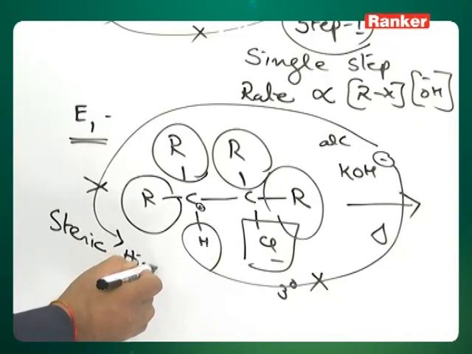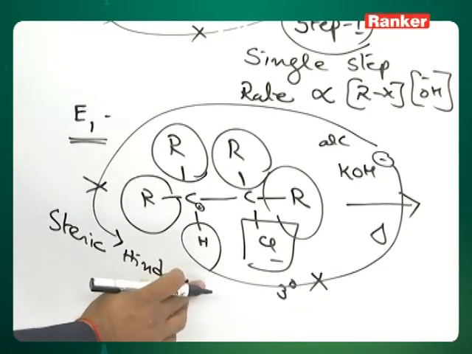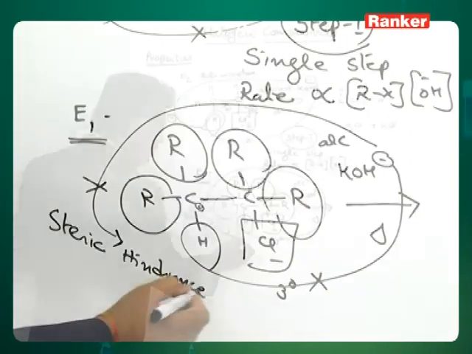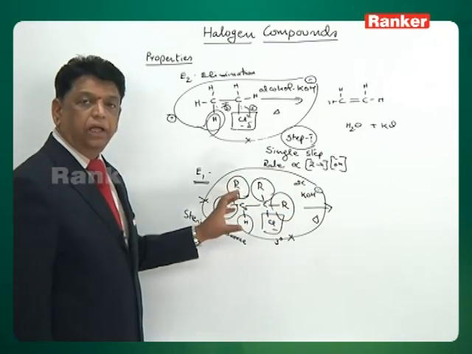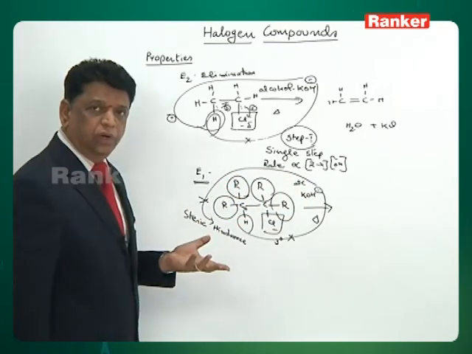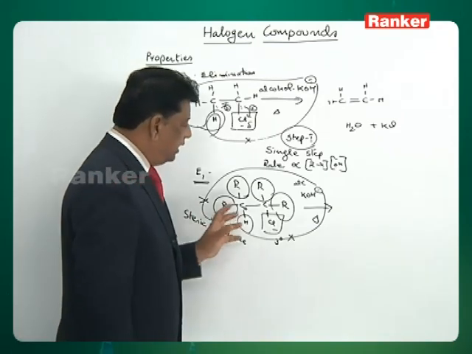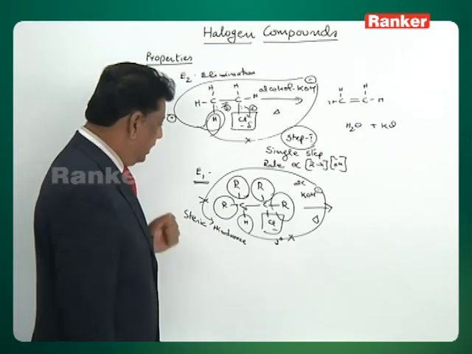That means a problem due to the non-availability of space. So due to the steric hindrance, the OH cannot approach the proton. So therefore the reaction should not take place, but the reaction is taking place very nicely. So therefore we have to propose another mechanism here.